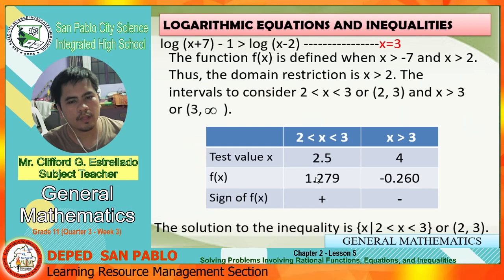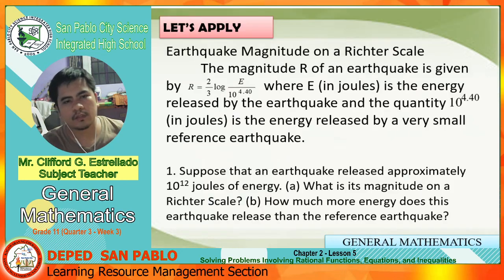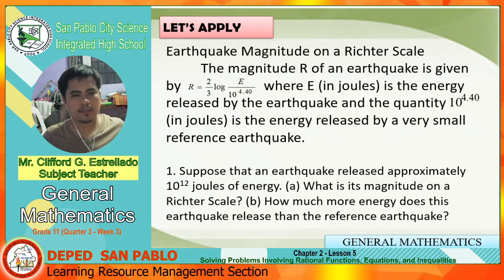Since greater than, dito tayo sa positive. Meaning, x is greater than 2 but less than 3. Okay? So, that's how you solve for logarithmic inequalities.